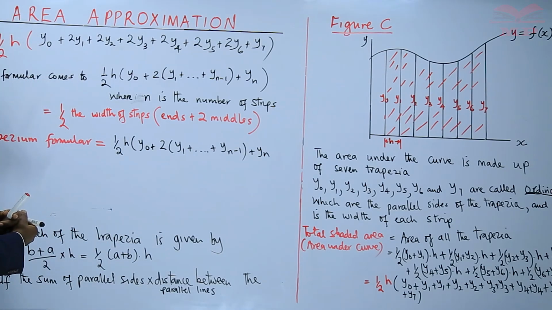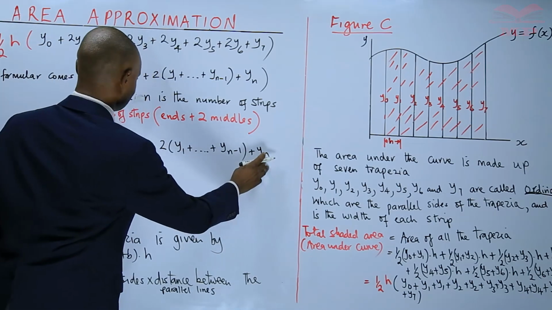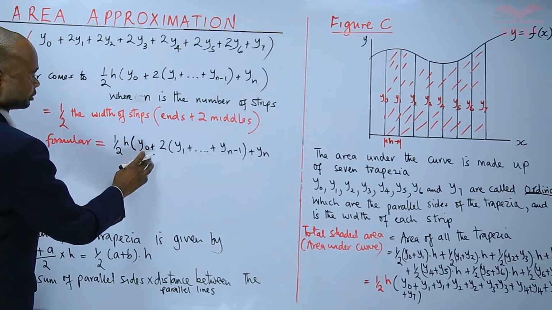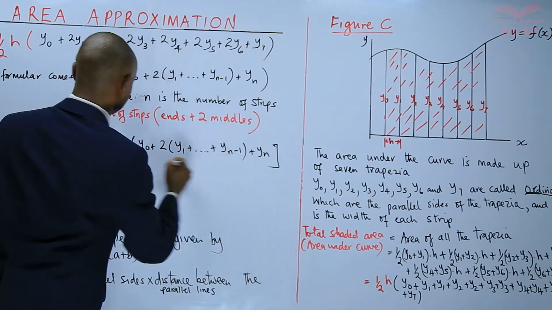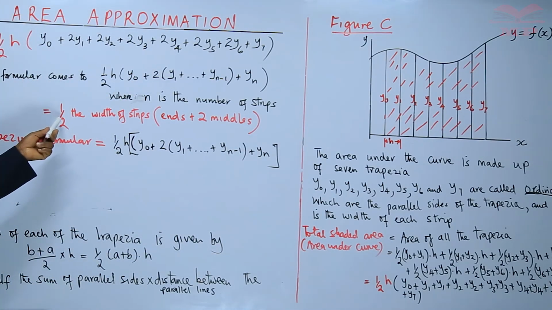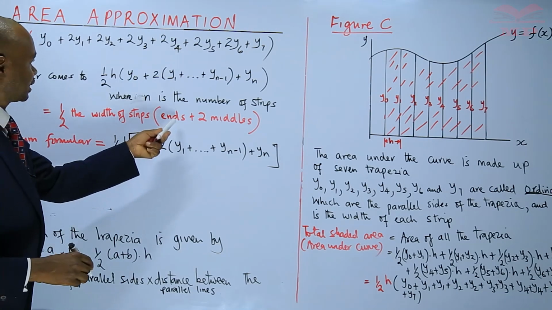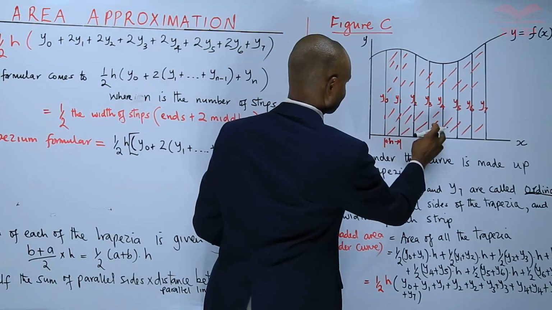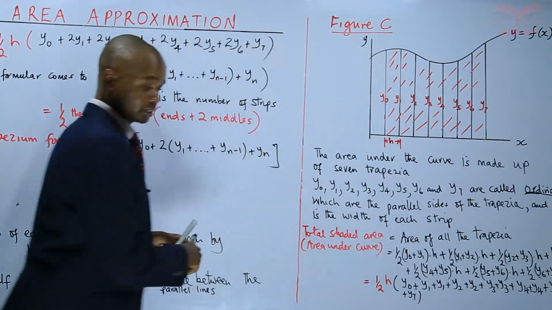So this is a half into that plus yn. That is simplified to a half the width of the strips into ends plus twice mid-ordinates. These are the mid-ordinates: y1, 2, 3, 4, 5, and 6.